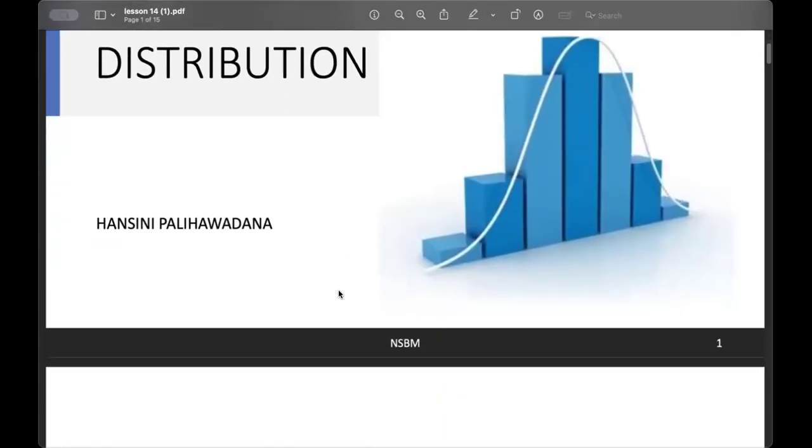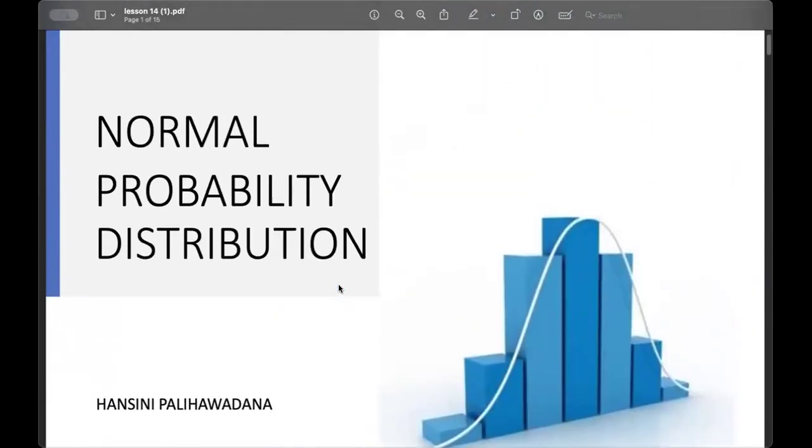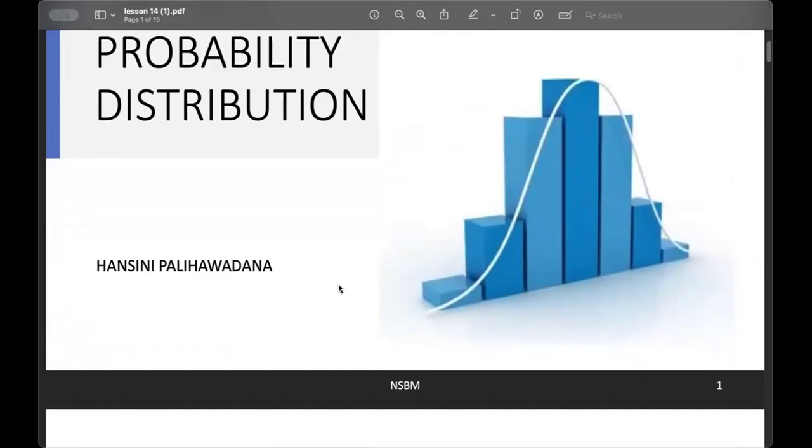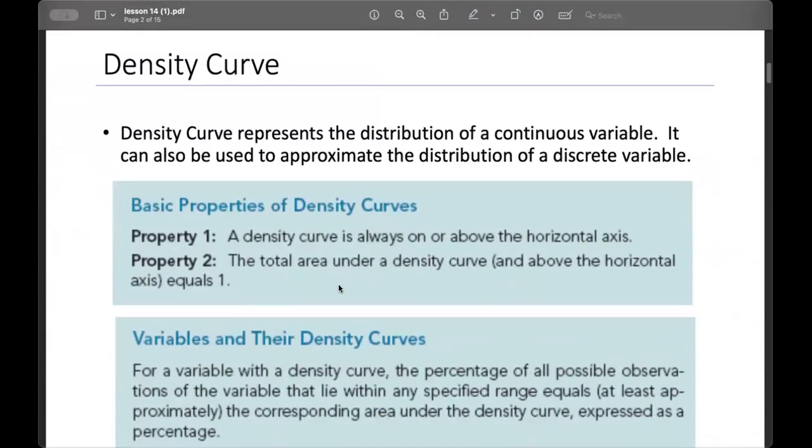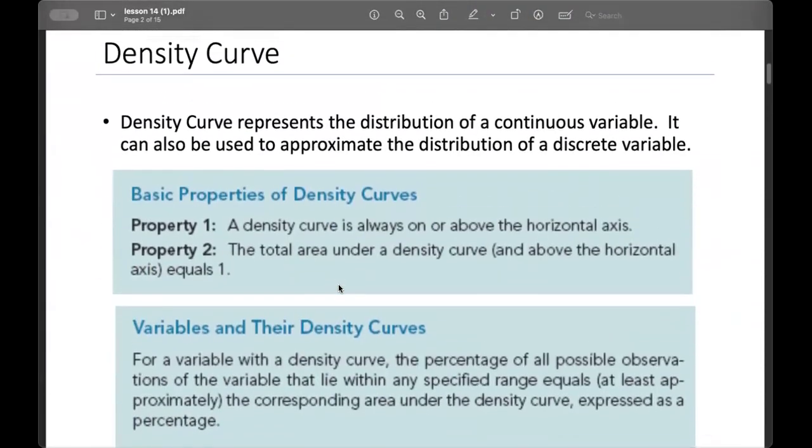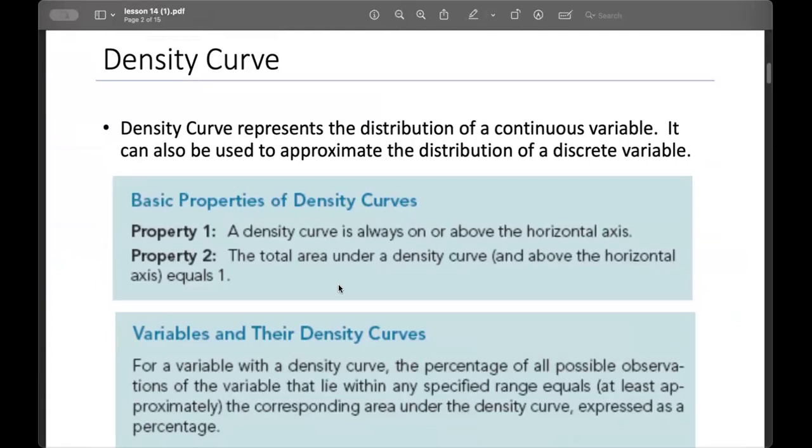Now, what it says here for the normal probability distribution is that the first thing they are going to teach us is about the density curve. Now, what is this density curve?